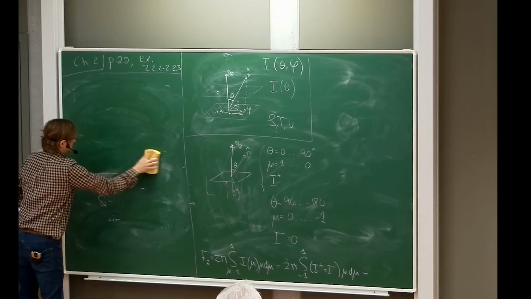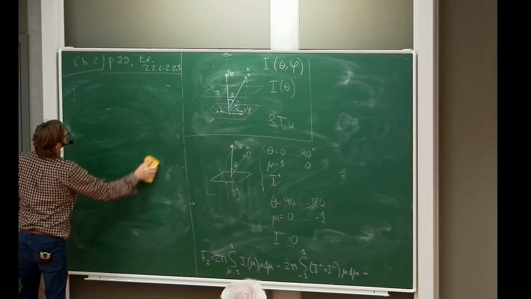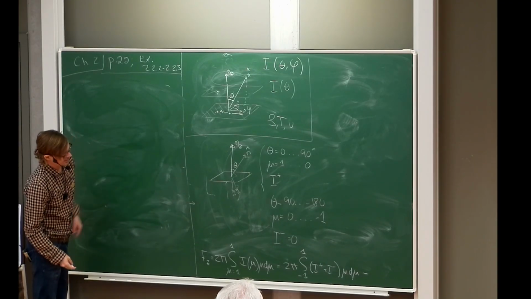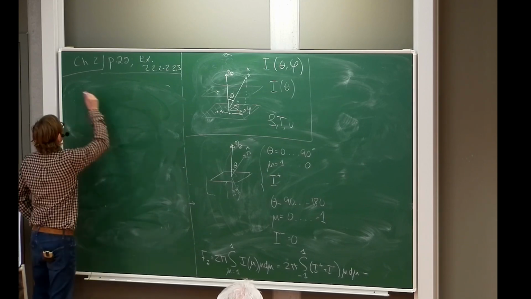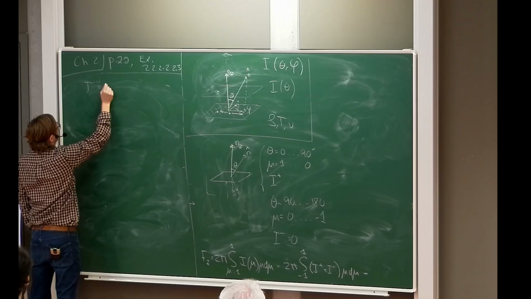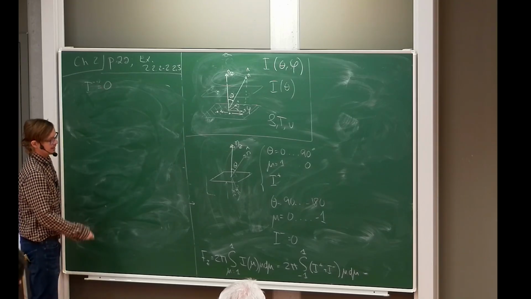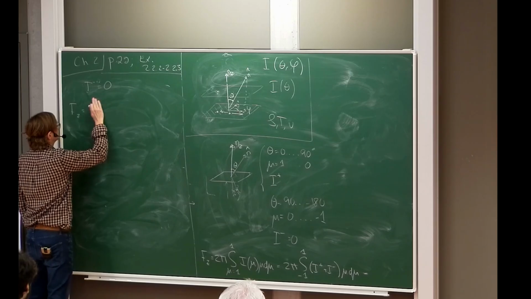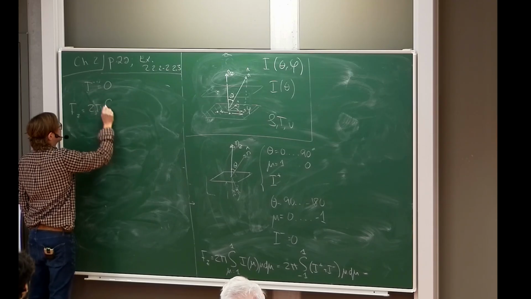We have said that there's no incoming radiation, so the I minus part is 0. So then we see that the flux here is really 2 pi times the integral.